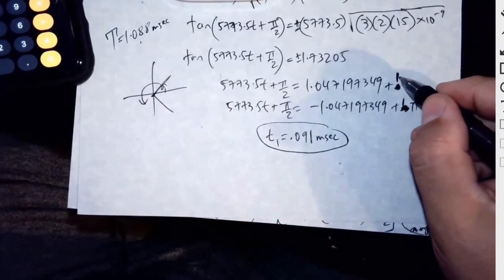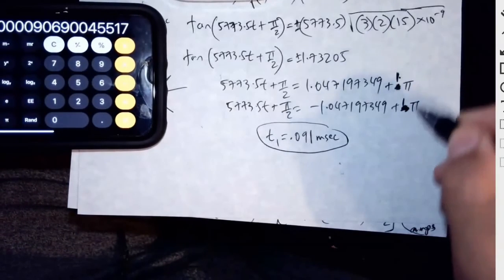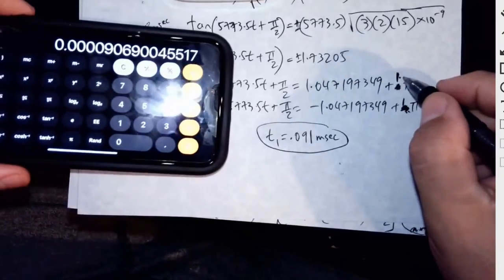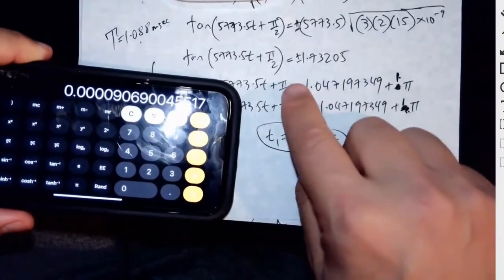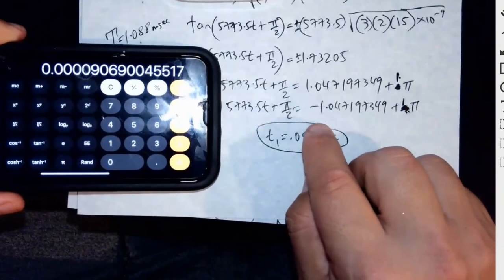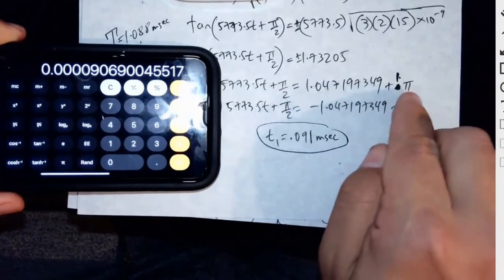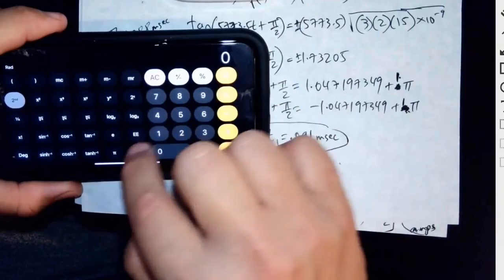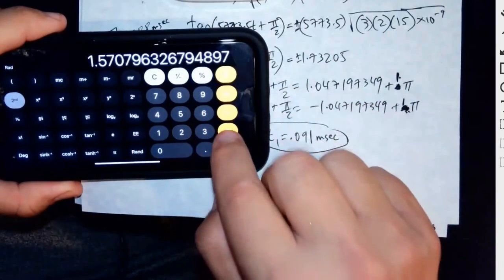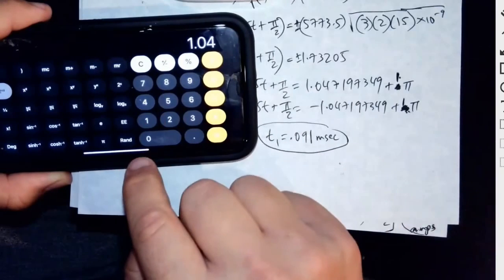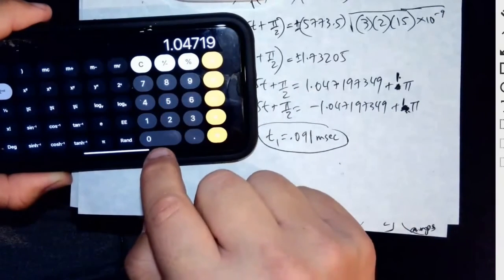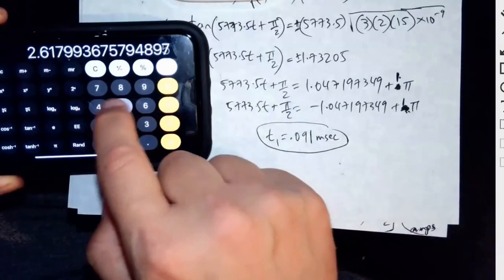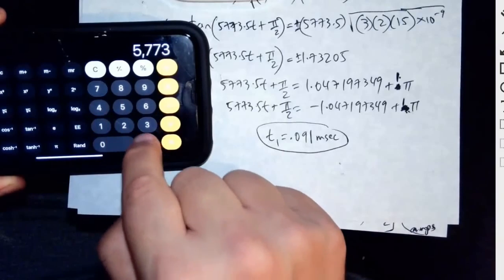Then I put n is 1 here, right? So this is going to give me the first, and this is going to give me the second. Then I'm going to come back to here. So this is going to be pi minus pi over 2, which is pi over 2, plus 1.047197349, divided by 5773.5.